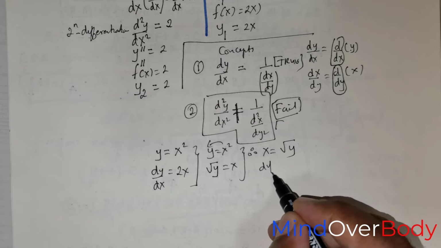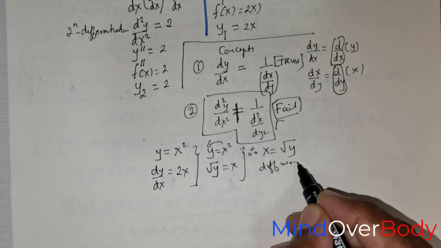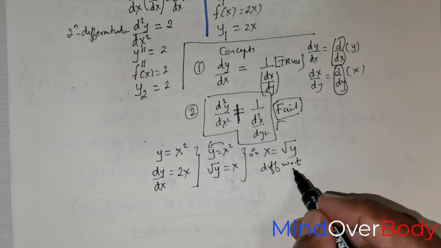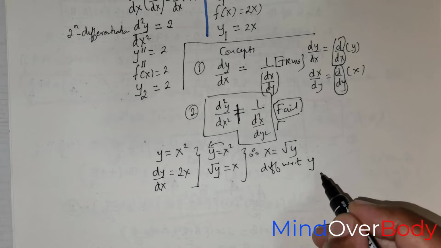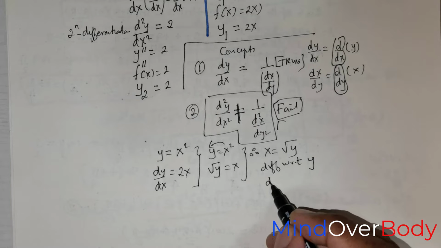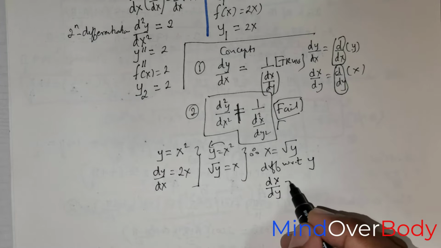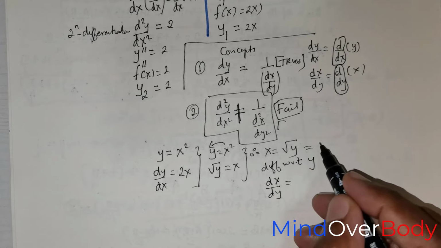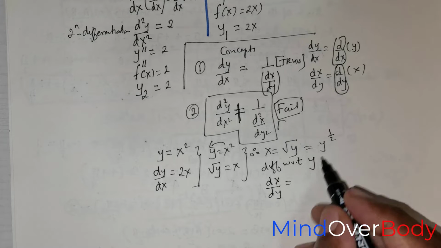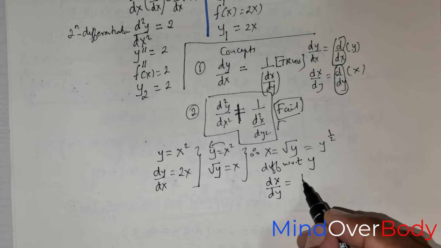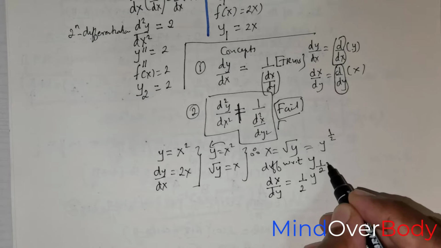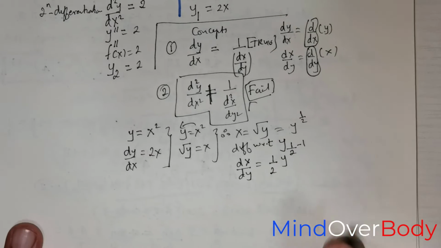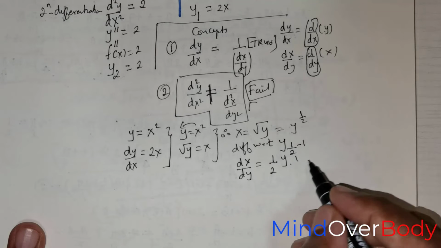Now over here we are not going to be differentiating with respect to x, but with respect to y. So when we do that, we get on the left hand side dx over dy. On the right hand side, this is y raised to the power of 1 over 2. When you differentiate y raised to the power of 1 over 2, this is going to be 1 over 2 times y raised to the power of 1 over 2 minus 1, times the differentiation of y, which is 1.